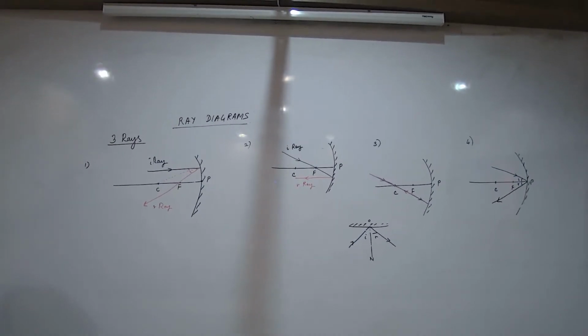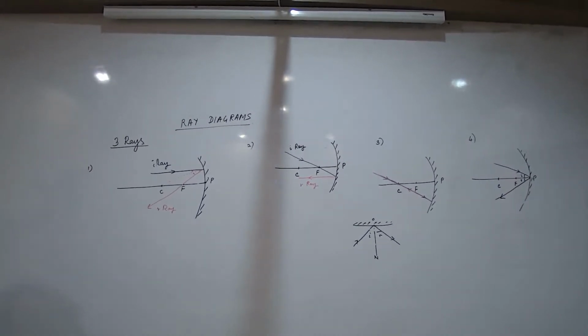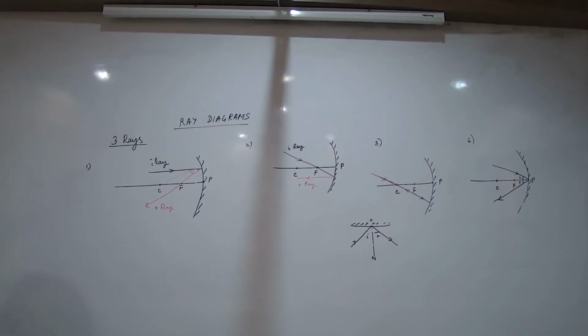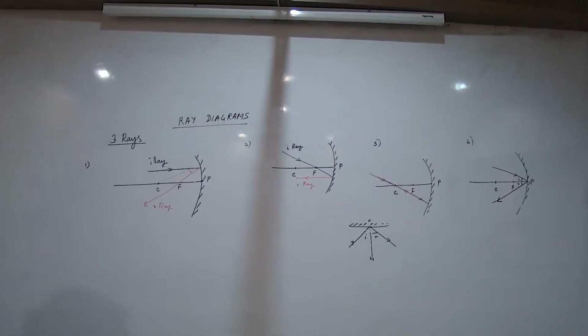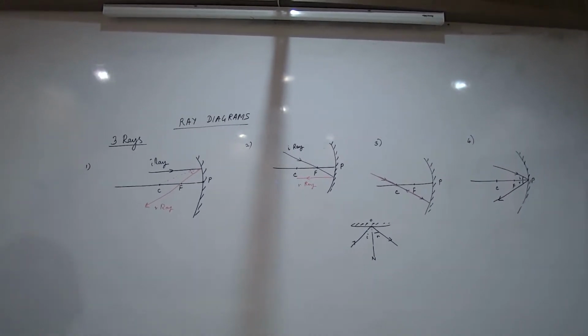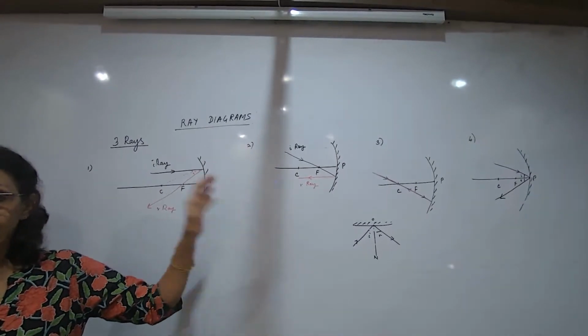And I am talking only about the concave part now. I have not told you anything about the convex. Don't get confused. When I take up convex, I have to tell you about it. Basically, we have to show the object and where the object is. That I cover. These I am just discussing only the rays.